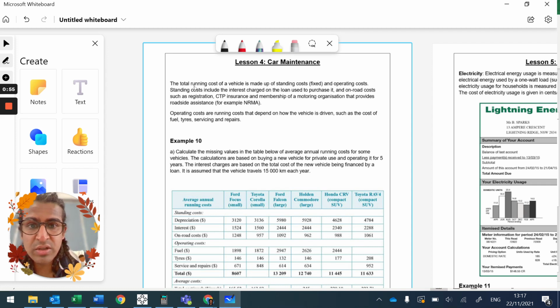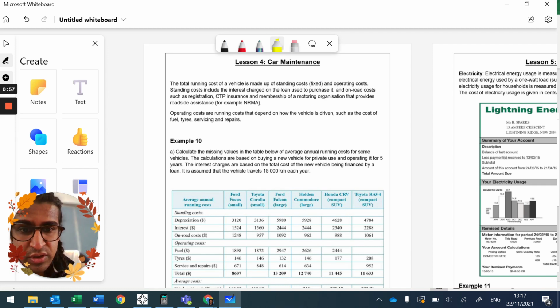Just a bit of terminology here. We've got our standing costs, which are our fixed costs, and they include the interest charged on loans and on-road costs. These are things that don't really change much year to year.